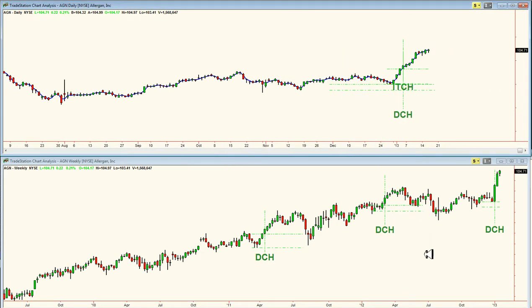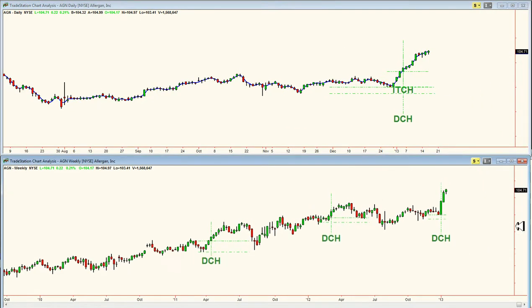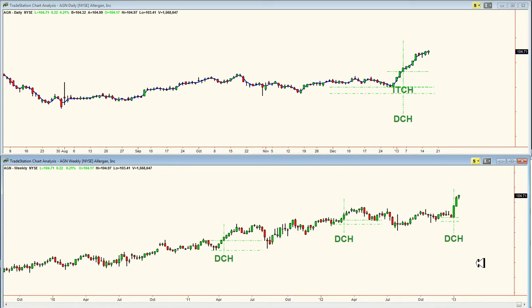Or AGN. That was ABC. Now let's take a look at AGN. AGN, as I mentioned previously, this is one that the DCH and the itch fired at the same time, and that will happen on many occasions where there is a long consolidation on both the weekly and the daily chart at the same time.